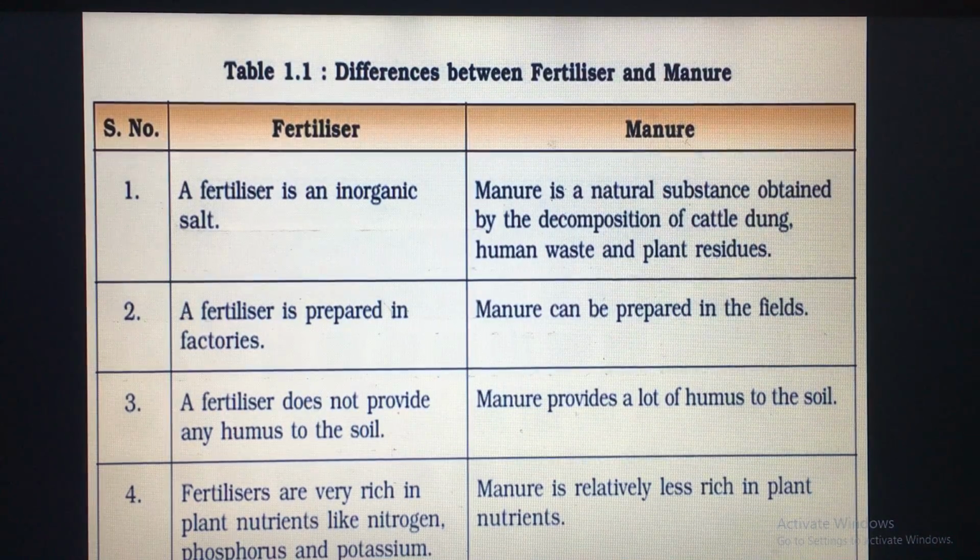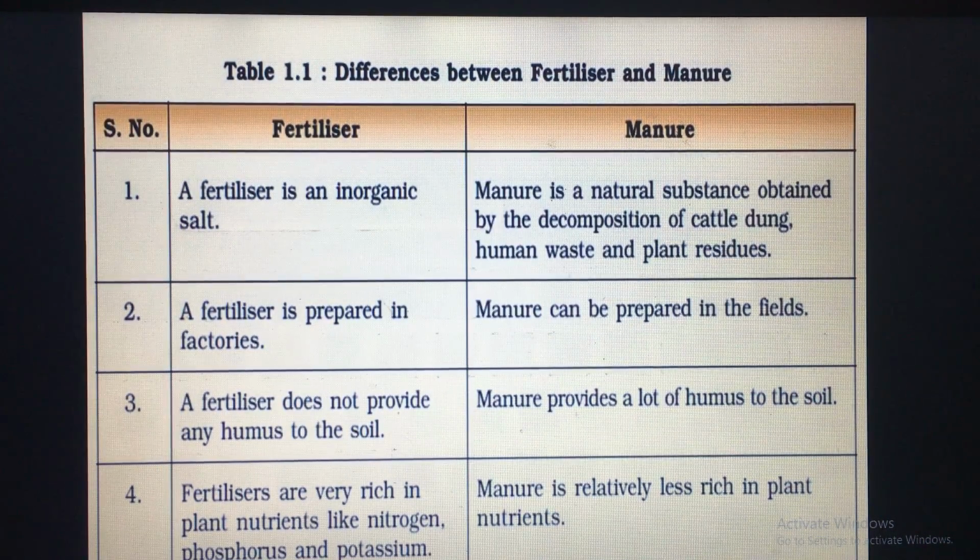The fertilizer affects the layer beyond the humus and increases the productivity of the soil. Manure is comparatively less rich and is slowly absorbed by plants. However, fertilizers are absorbed quickly by plants. Fertilizers are expensive as compared to manure.